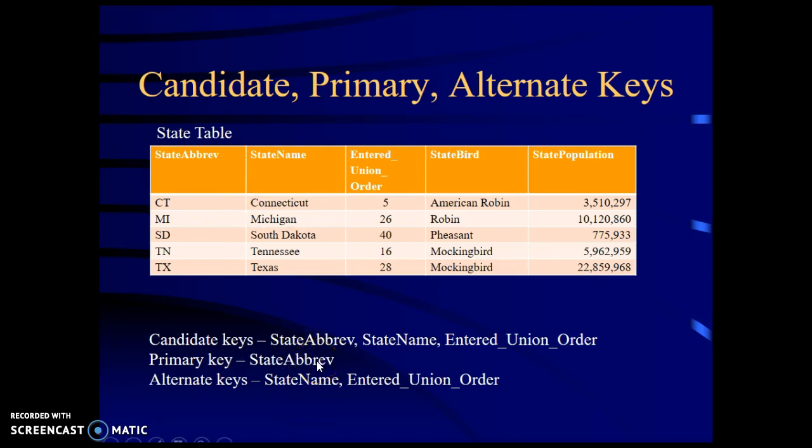Once you pick your primary key, the other candidate keys become your alternate keys. So to summarize, the candidate keys would be state abbreviation, state name, and entered union order because they're all unique. I would pick state abbreviation because it's the most minimal, and then my state name and entered union order become alternate keys.